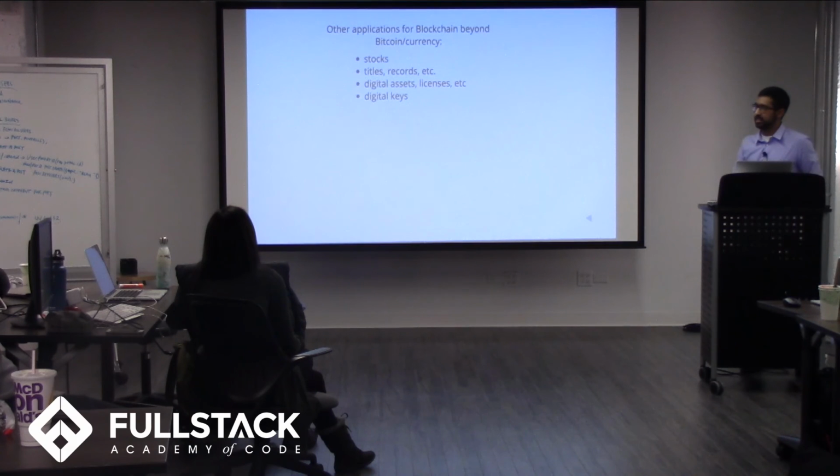There's a lot of interesting work involving stocks, land records, titles, digital assets. Land records, for example, can be put into this immutable data structure, and especially in countries where land records and title chains may not be reliable, this is an easy to implement way for land records to be immutably stored.